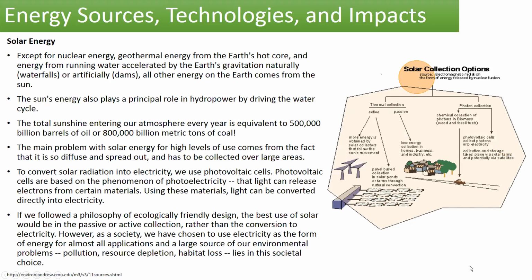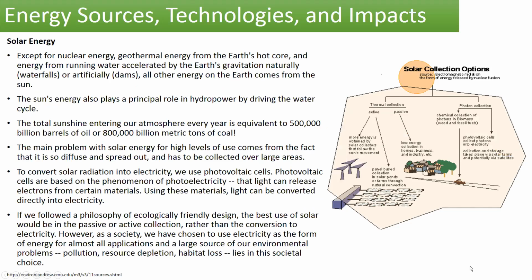In thermal collection, we have active and passive collection. The active collection is where more energy is obtained by solar collectors that follow the sun's movement. And the passive collection is low energy collection in homes, businesses, and industry.